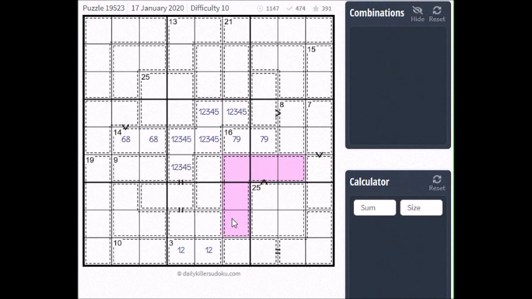So the minimum value for this case, if it does not include 1 or 2, is 25, which contradicts with the less than sign here.